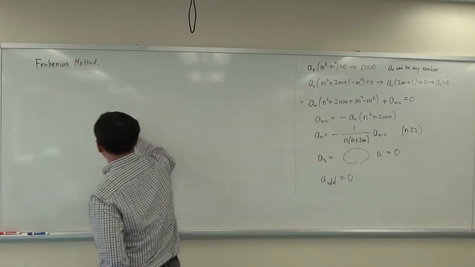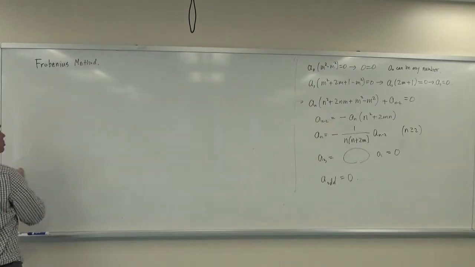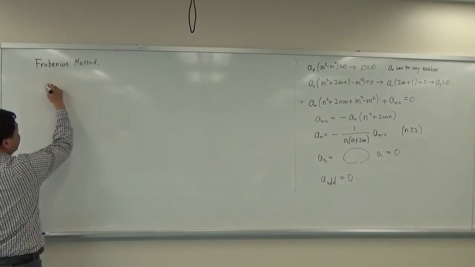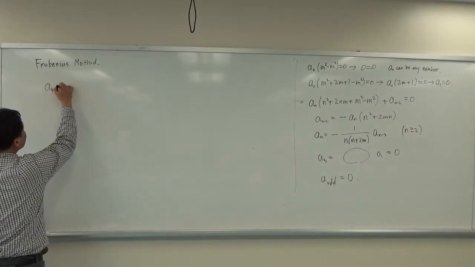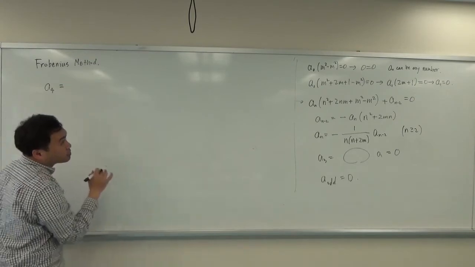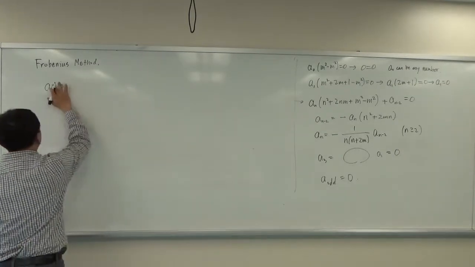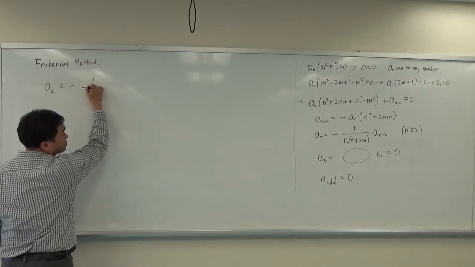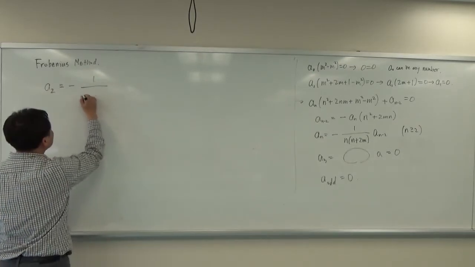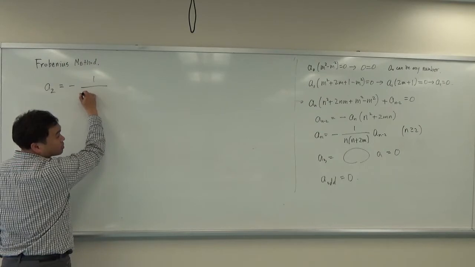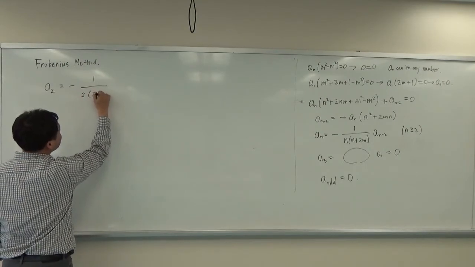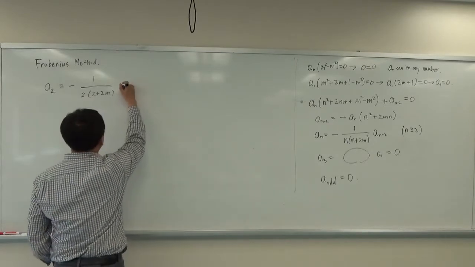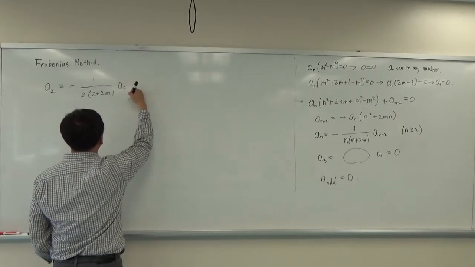So let's see. We're going to have a4. No, not a4, sorry. a2 is negative 1 over 2 times (2 plus 2m) of a0.